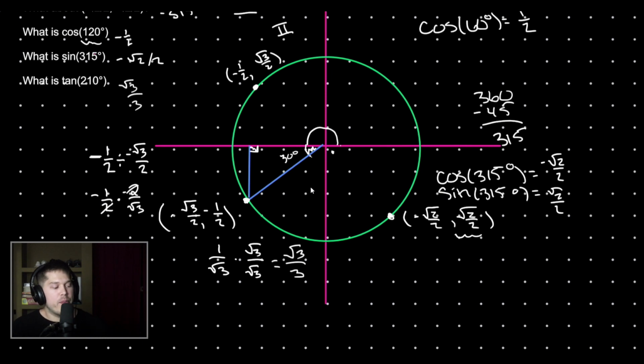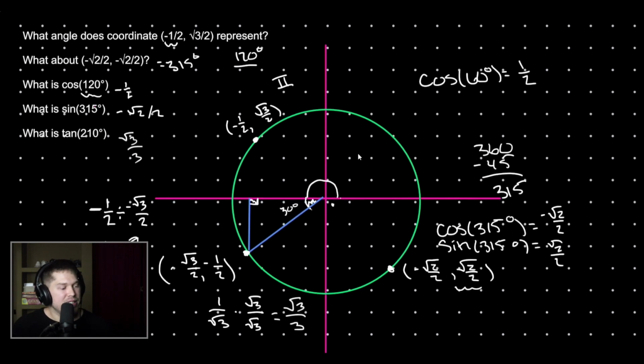Again, we found that by finding this coordinate point and then dividing the sine and cosine value. Another way to do it is, of course, you can use SOHCAHTOA and just think of the opposite over the adjacent, and you can get root 3 over 3 that way as well.